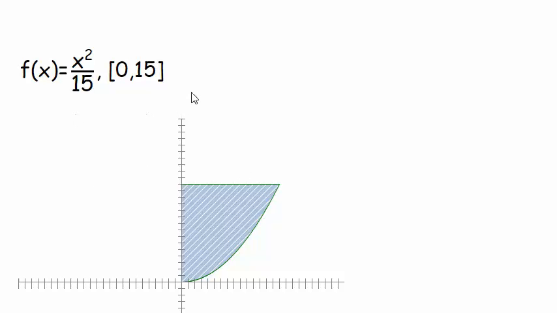So let's go ahead and write this down. f of x is equal to x squared over 15, on the interval between 0 and 15. Now this interval is actually on the x-axis.